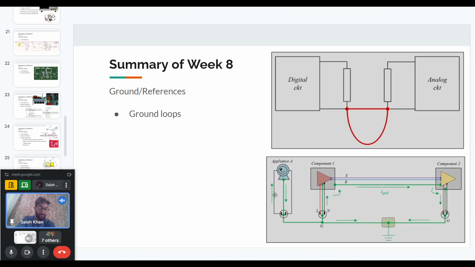For example, if there is an appliance, it has some current that is going to the ground, but if a ground loop is present, it will provide a path for this current, and it may go to undesirable paths. So when you are designing your converter, you have to take your ground loops into account and design them carefully as well.